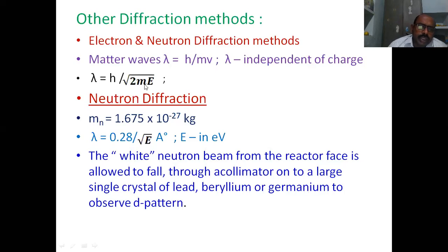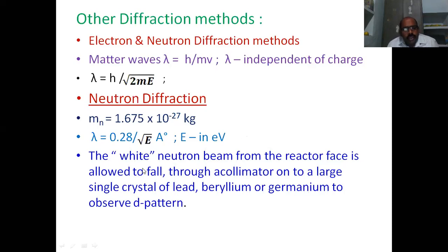By substituting this, where h is the Planck's constant and we write the mass of the neutron, and E is kept as this, the de Broglie wavelength is equal to 0.28 by root E in angstroms, when E is expressed in electron volts.